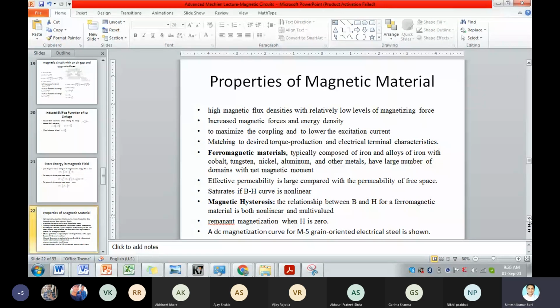So high magnetic flux density is a primary requirement with lower magnetizing force, and this should also have increased energy density. It should be higher energy density, and the magnetic material should maximize the coupling and reduce the excitation current. ओके, मतलब जो मैग्नेटिक मटेरियल है, that should provide a good coupling.